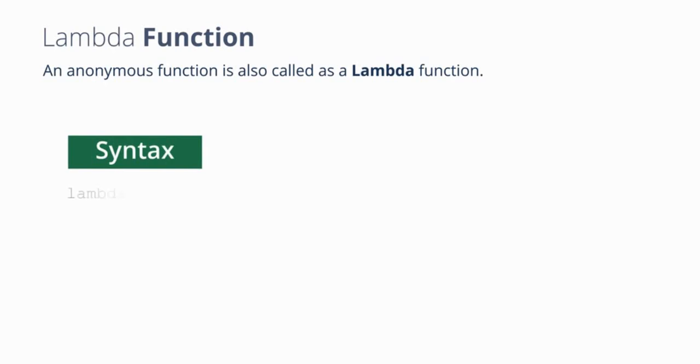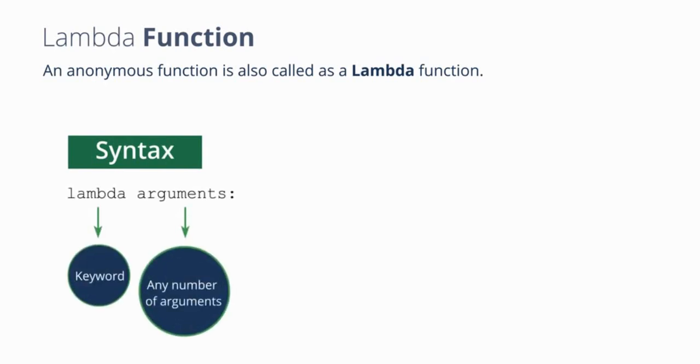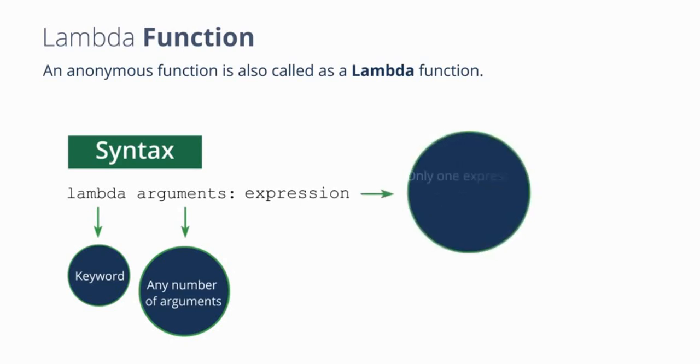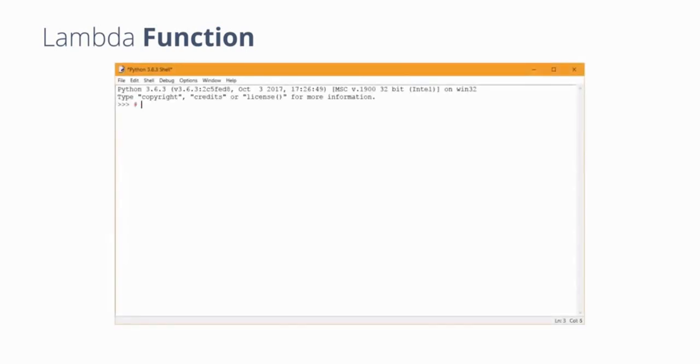In this syntax, lambda is the keyword and arguments is any number of arguments. Lambda functions have only one expression, which is evaluated and returned. Let us understand this concept with the help of a program.